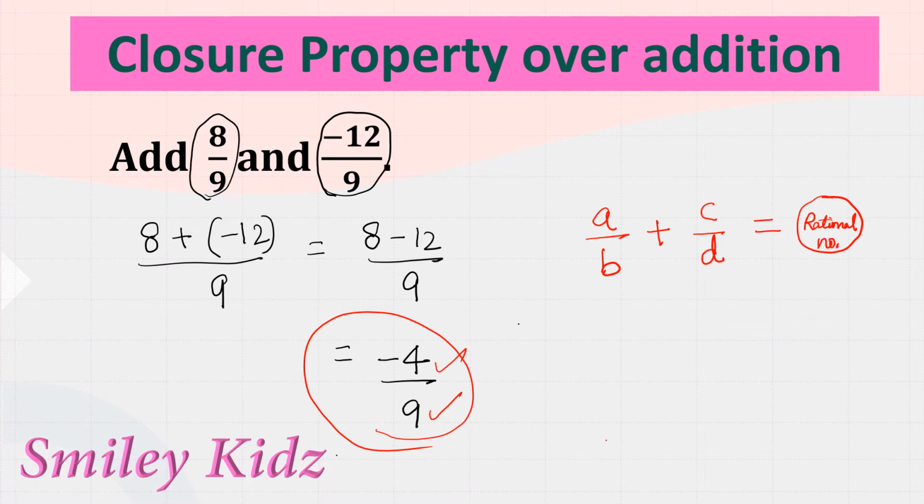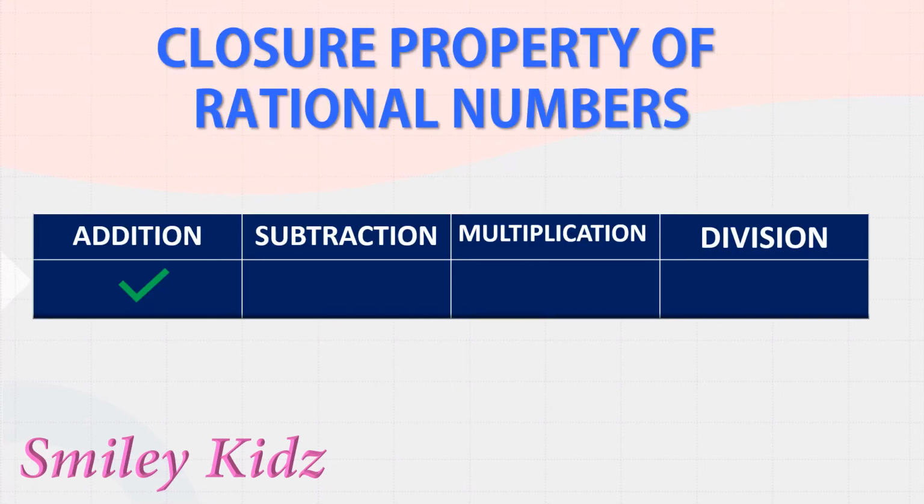So, rational numbers are closed under addition. We have filled the first block. Addition is satisfied.